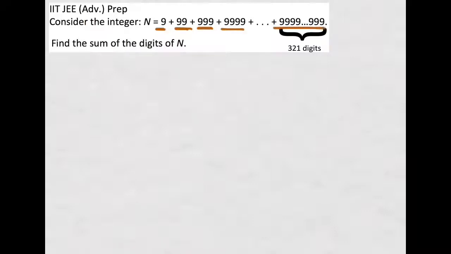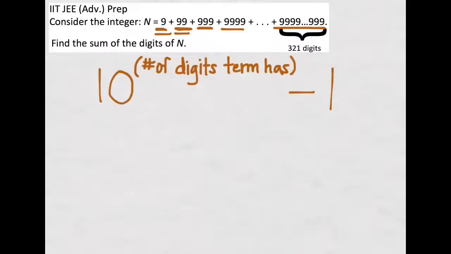This last term over here is 1 less than 10 to the power of 321. So essentially you have a pattern going on here where each term is exactly 1 less than 10 to the power of the number of digits the term has. So we can start rewriting n as follows.